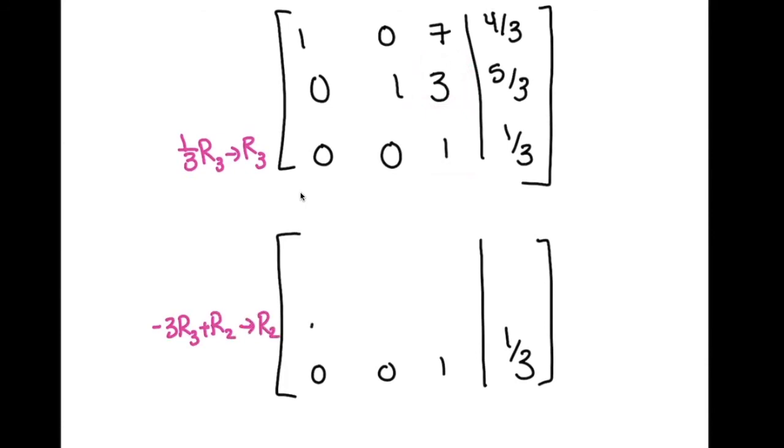So 0 times negative 3 is 0 plus 0, that's 0. 0 times negative 3 is 0 plus 1, that's my 1. Negative 3 times 1 is negative 3 plus that 3 is 0. Let me make this smaller so we can fit stuff in there. So that's 1/3. Okay. So 1/3 times negative 3, that gives me negative 1. And then I add that negative 1 to 5 thirds. Or we can just write it as negative 3 over 3 plus 5 thirds. And that gives me 2 thirds.